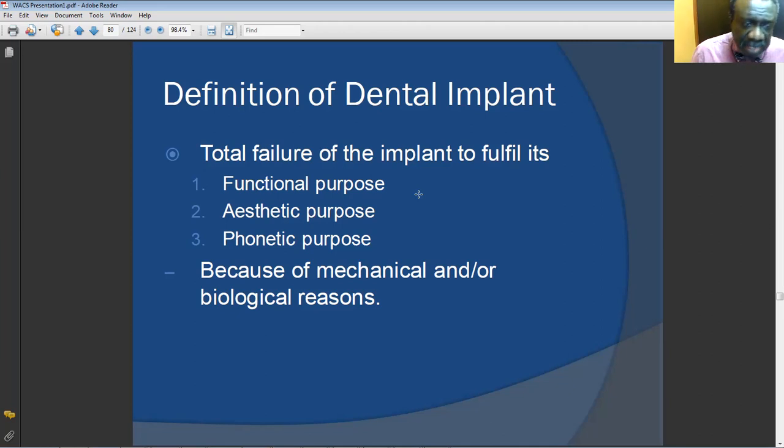As a lawyer, if there is a case in which a patient claims, oh, my implant has failed, then I can use these definitions to win the case as a lawyer of the claimant. And I can also use it to win the case as a lawyer of the defendant. Think about it.